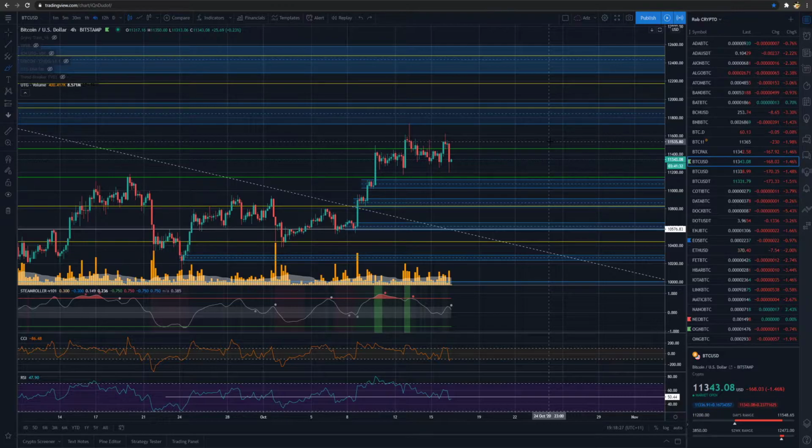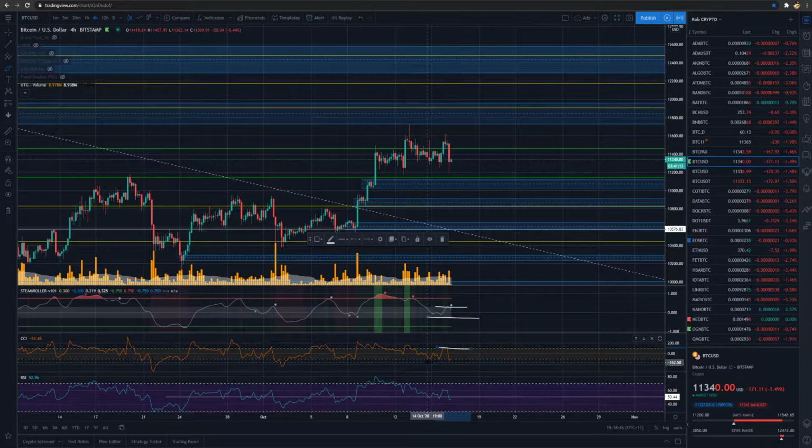Where to from here? Steamroller is giving us that classic bearish dot there, bearish signal there, sell signal if you want to call it that. We have just bounced off that median level of the parallel channel within Steamroller.